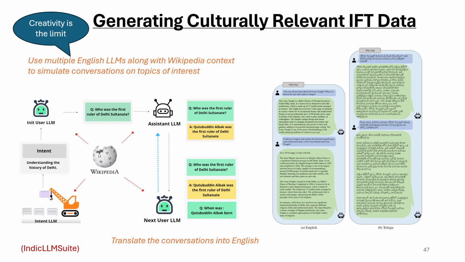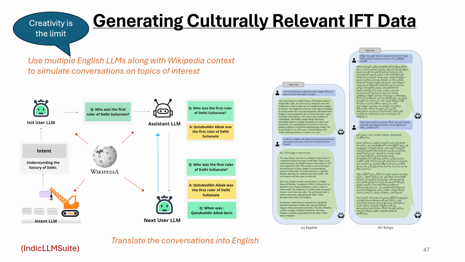So, the intent might be understanding the history of Delhi. Then there is another LLM in another role which acts as a user and generates a question relevant to that intent. For example, who was the ruler of the Delhi Sultanate, given the Wikipedia page and the intent. Then there is another LLM acting as an assistant, which, given the Wikipedia page and the question, will generate the answer.